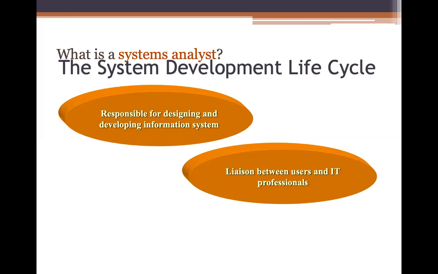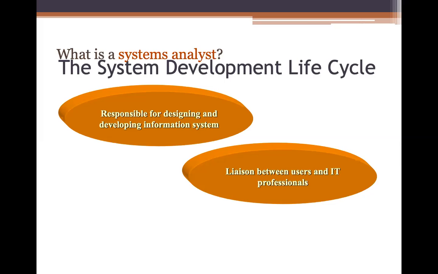So a system analyst, well, you saw that person on the other slide with the infographic, right? We have someone who is called a system analyst, who is responsible for designing and developing information systems, and also acts as a liaison between users and IT professionals. Usually, in the current situation, I mean, in 2020, the liaison between users and IT professionals comes under different names.